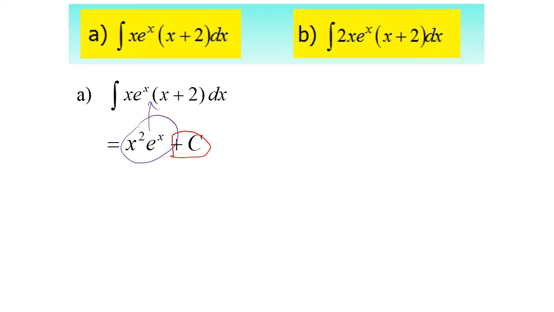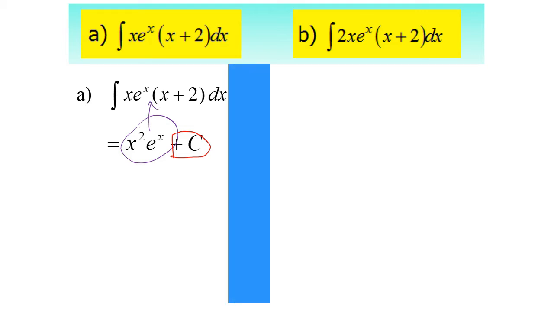Next, for part B here, the difference between part B and part A is the coefficient of 2 here. So we may factorize or put 2 outside the symbol of integral.